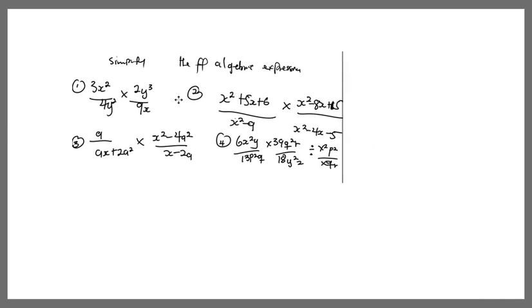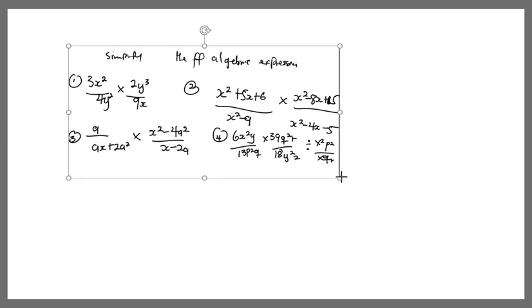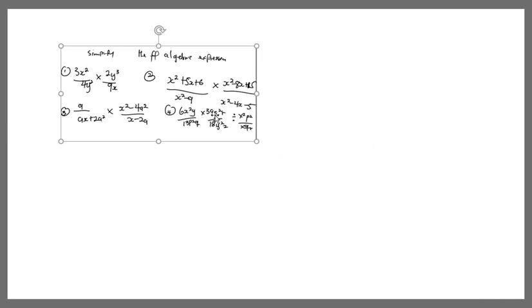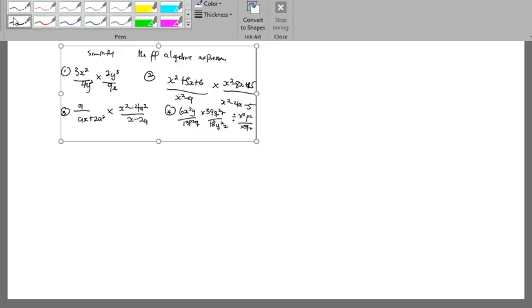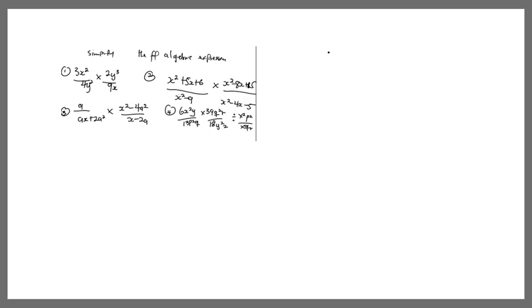Question 3 is somehow similar. So always when you see things like this, you do factorization first so that it will help you cancel out. So in this situation, what do we have? ax plus 2a squared times x squared minus 4a squared over x minus 2a.